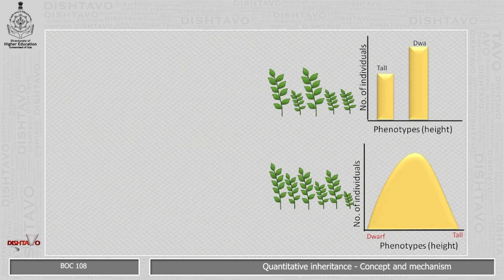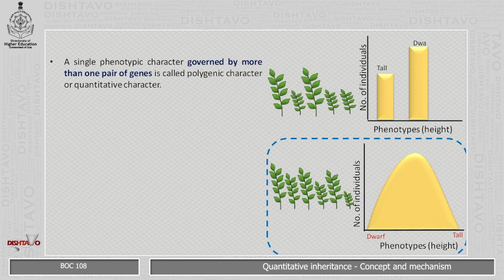This is what we considered in the previous two slides, wherein the height is either tall or short, or the height can be from the shortest to the tallest, producing two different graphs. Now we are going to focus on the case which is shown below. A single phenotypic character in case of quantitative traits is governed by more than one pair of genes, and that is why it is called a polygenic character or quantitative character.